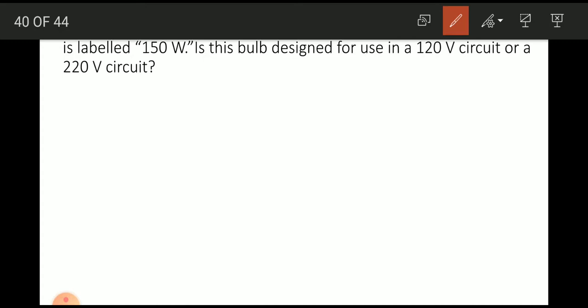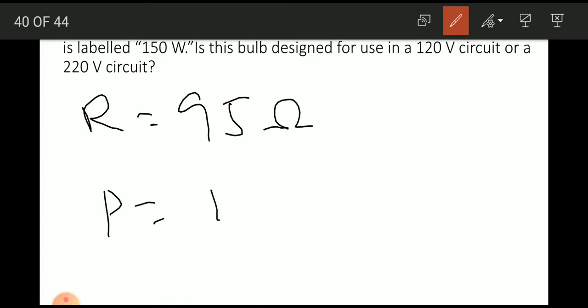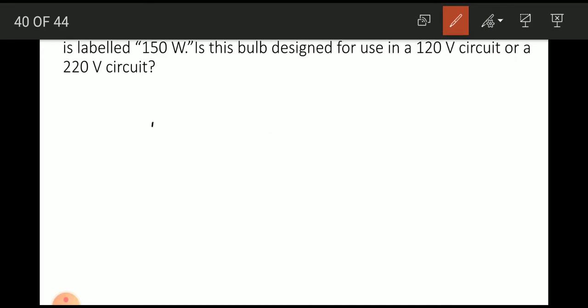An incandescent light bulb with an operating resistance of 95 ohm is labeled: resistance is 95 ohm, power is 150 watt. Is this bulb suitable for 120 or 220 volt? Resistance is given, power is given, so we will use the formula P is equal to IV.